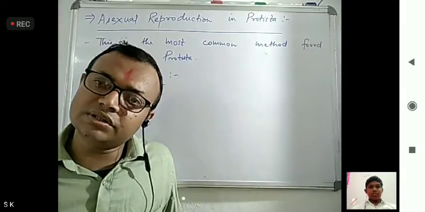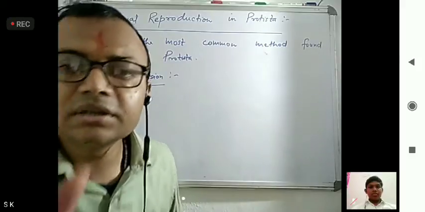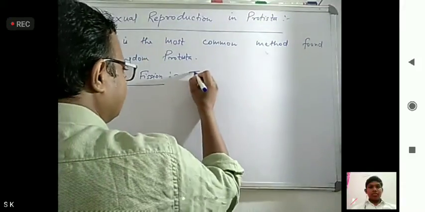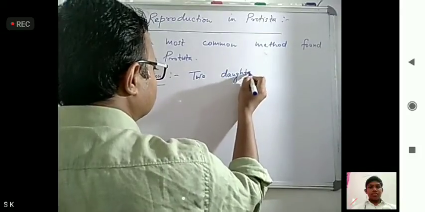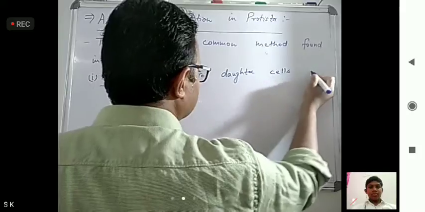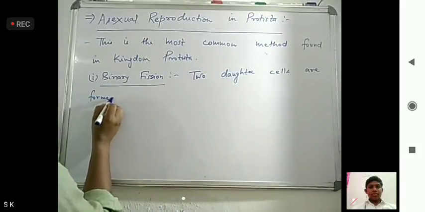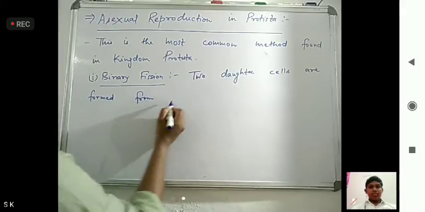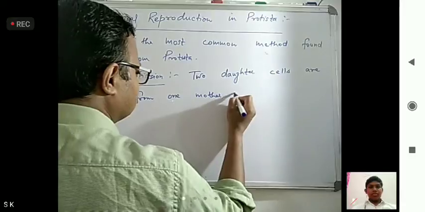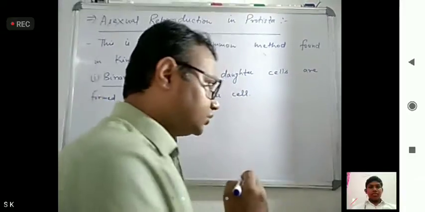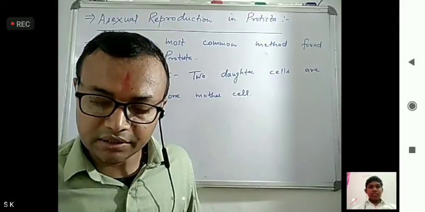So two daughter cells are formed from the division of one mother cell. Two daughter cells are formed from one mother cell. Okay, so this is the method that happens in binary fission.